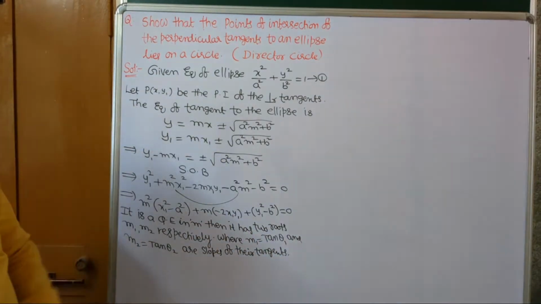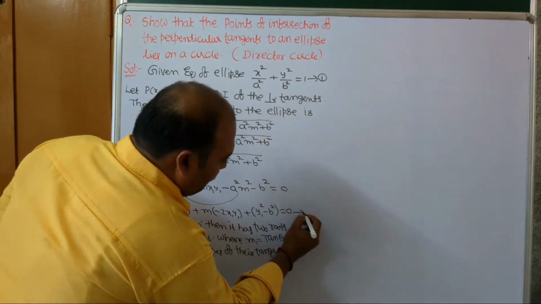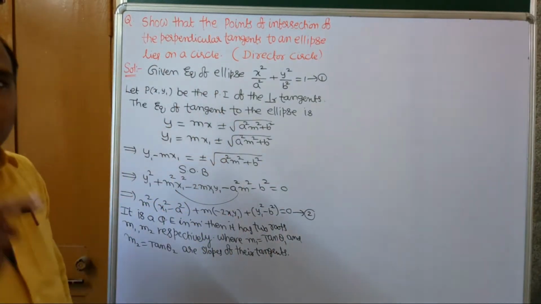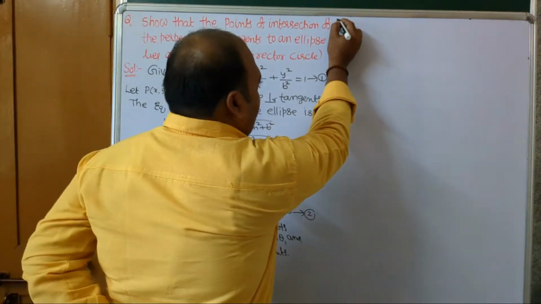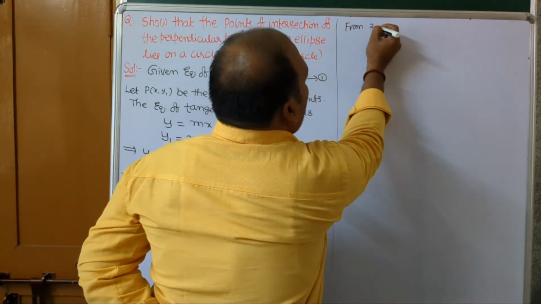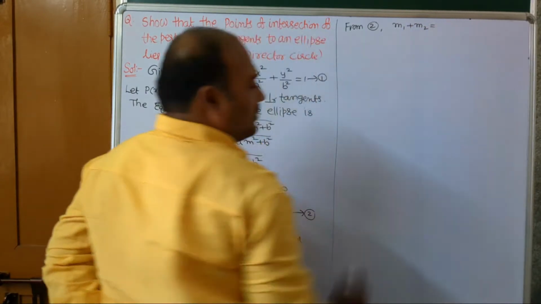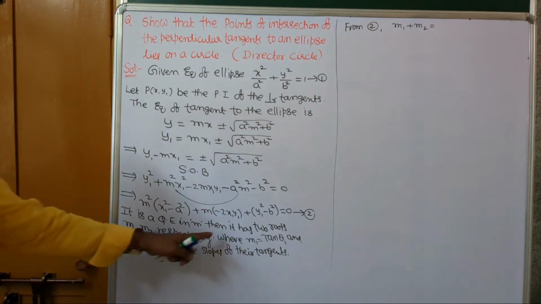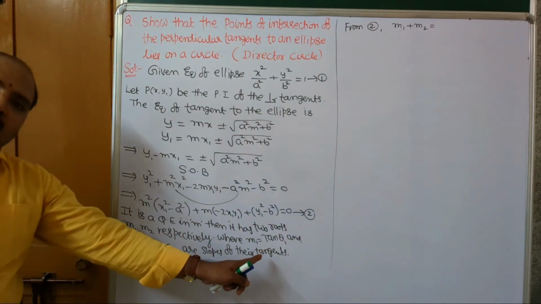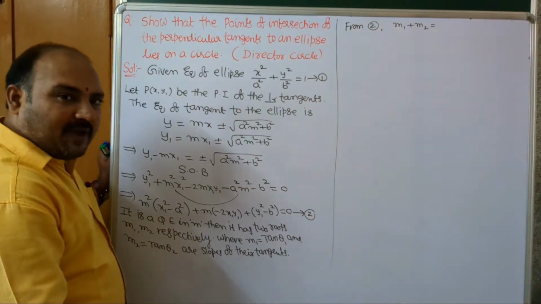Okay. After that, what we have to do? From this equation 2, sum of the roots and product of the roots. From equation 2, m1 plus m2, sum of the roots. Here m1, m2 are indirectly roots only, no, that are called here slopes. m1 plus m2 means minus b by a.